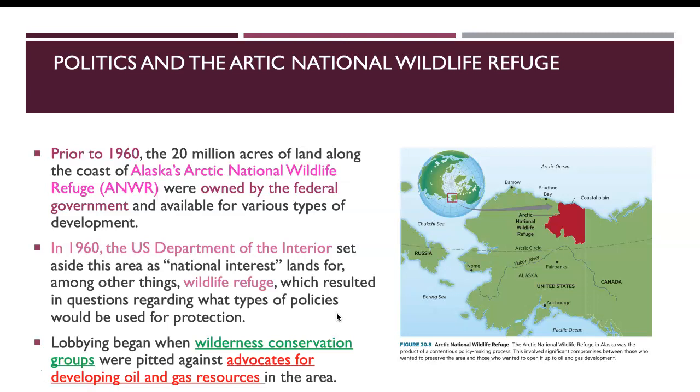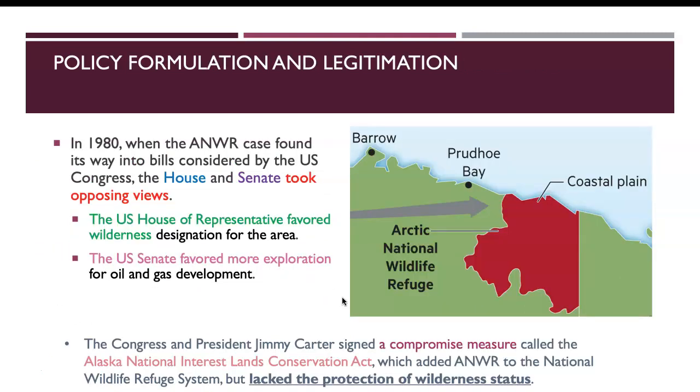And the lobbying began. There are two sides. One is wilderness conservation groups, and the other is for developing oil and gas resources in the area. So the two clashed together.